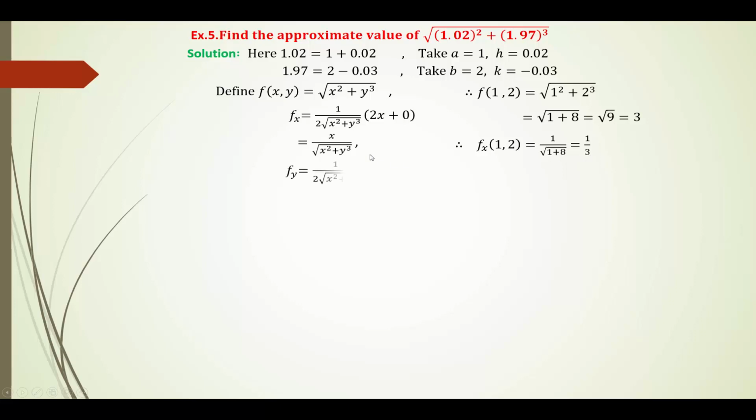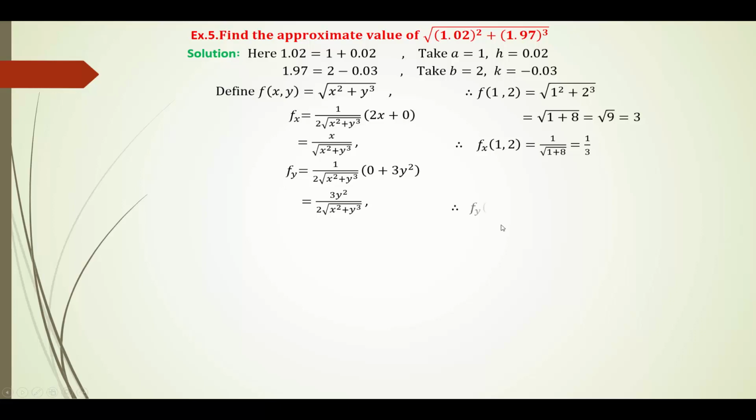Similarly, find fy, the partial derivative of f with respect to y. The derivative of square root is 1 upon 2 root, so 1 upon 2 into the square root of x square plus y cube, and the partial derivative of x square with respect to y is 0, and the partial derivative of y cube with respect to y is 3y square. So it equals 3y square upon 2 into the square root of x square plus y cube.